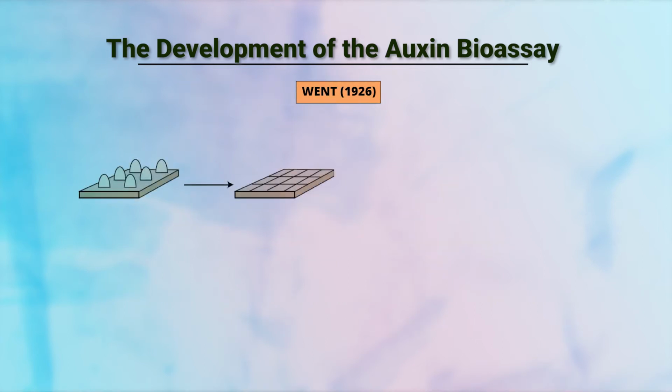Now, based on these studies, Went in 1926 developed certain experiments that ultimately led to the design of the auxin bioassay. He cut quite a few illuminated coleoptile tips and put them on a piece of gelatin.